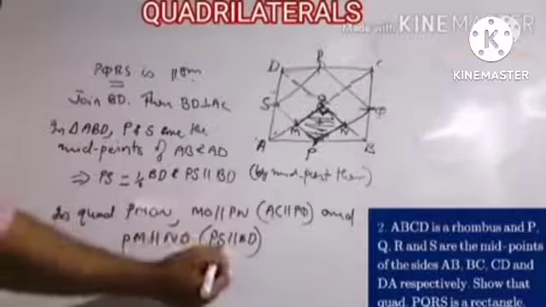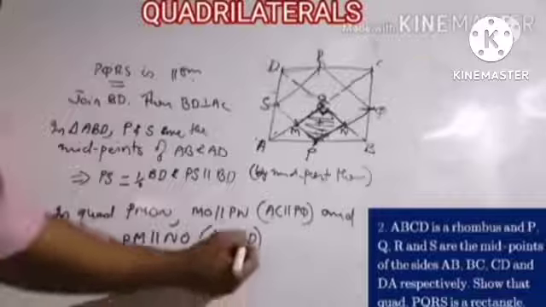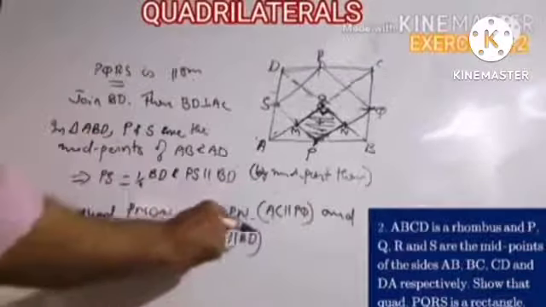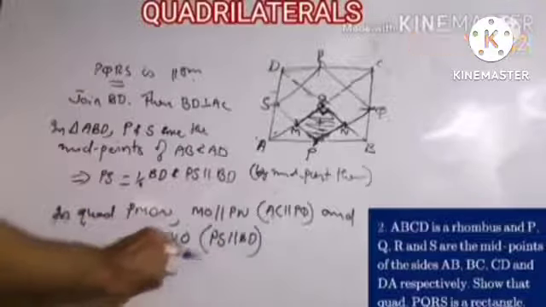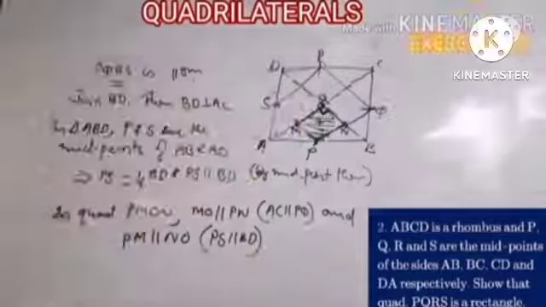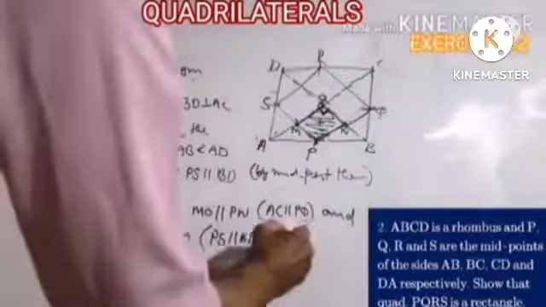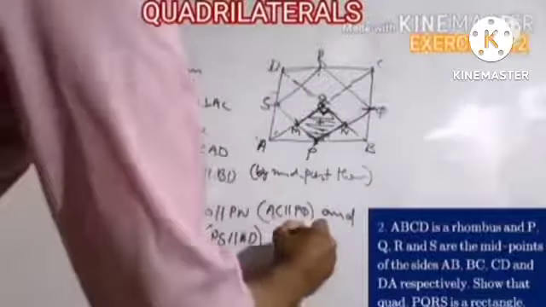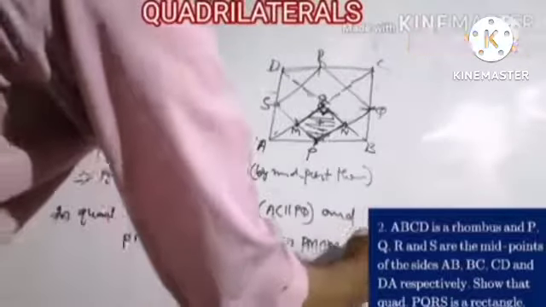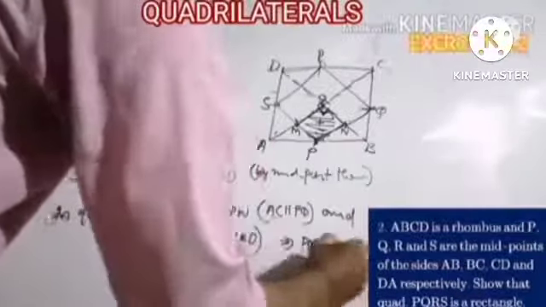PM is part of PS, NO is part of BD. Now consider MO parallel PN, PM parallel NO, that is, opposite sides are parallel. In this quadrilateral, opposite sides are parallel. When opposite sides are parallel, which implies PMON is a parallelogram.